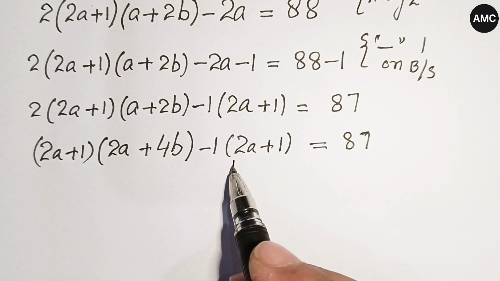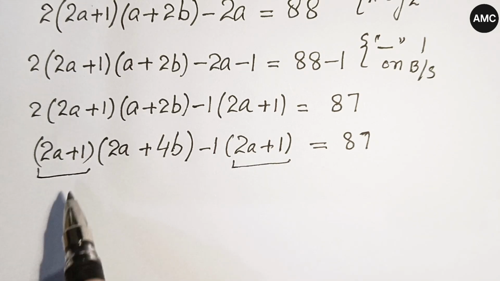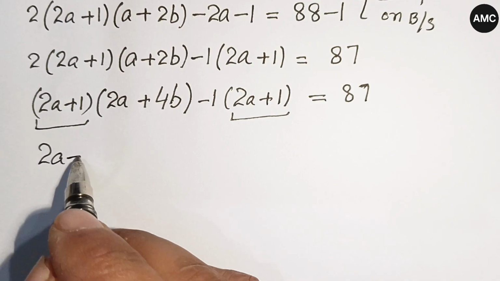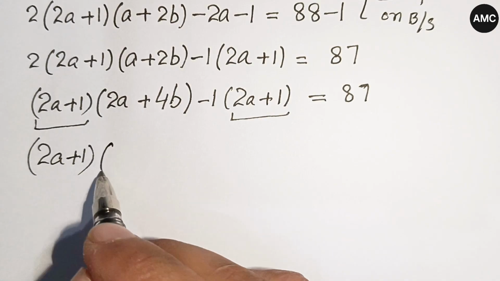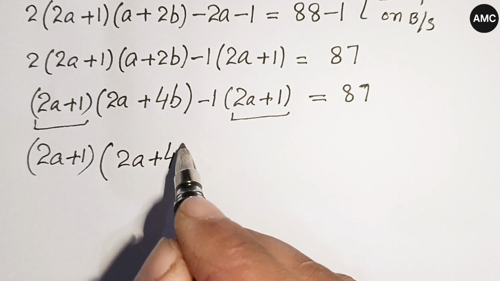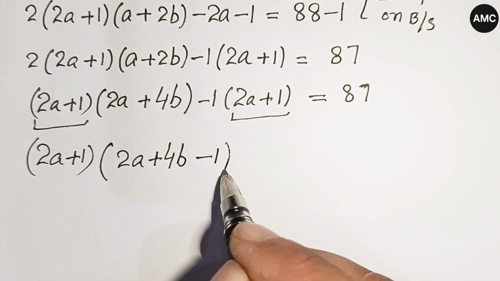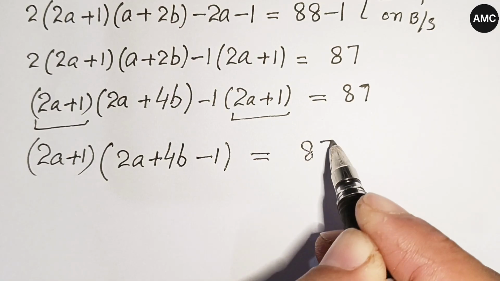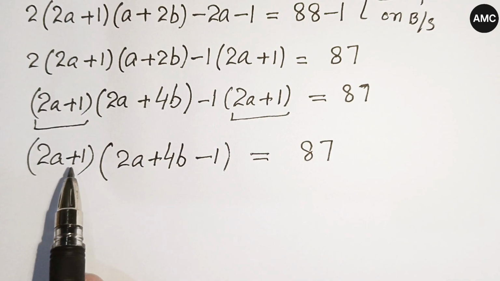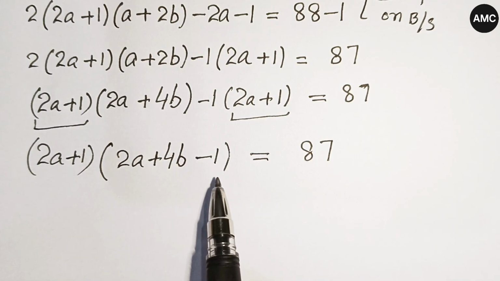Now this 2a plus 1 is a common factor, so we write (2a plus 1) times (2a plus 4b minus 1) is equal to 87. Now we have two factors, 2a plus 1 and 2a plus 4b minus 1, whose product is 87.